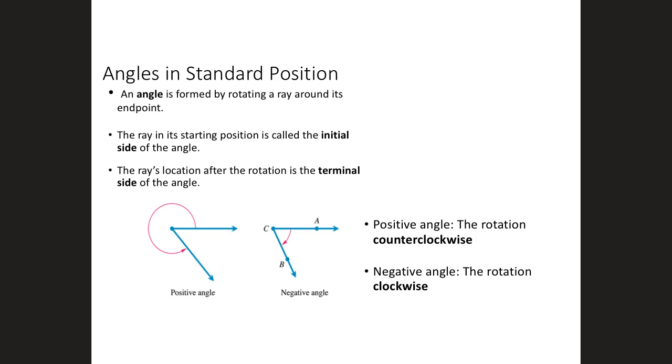The ray at the starting position is called the initial side. And whenever we're doing an angle in standard position, we think about it on the coordinate plane. So I'm going to draw a little X and Y axis here. We always put the initial side of an angle on the positive X axis.